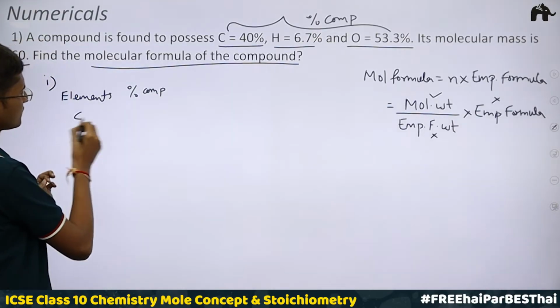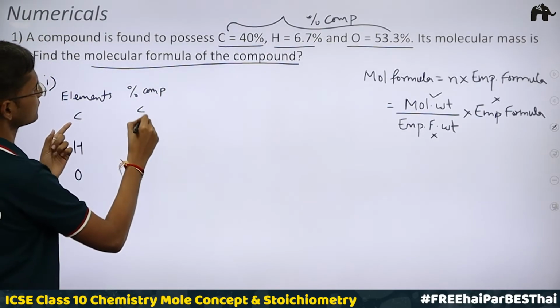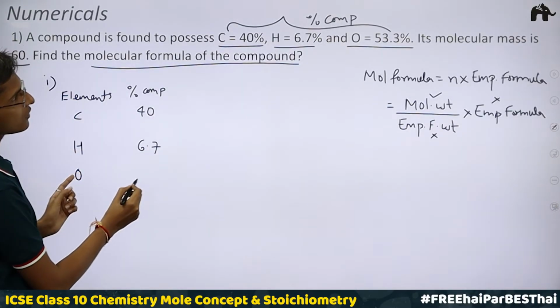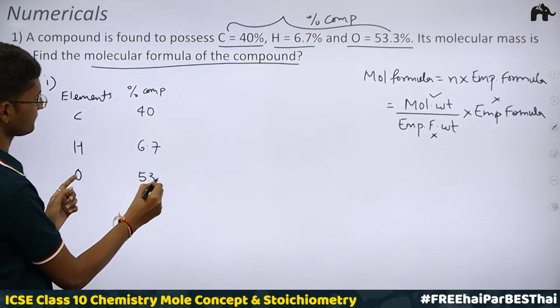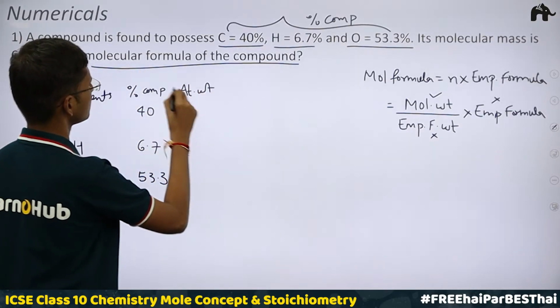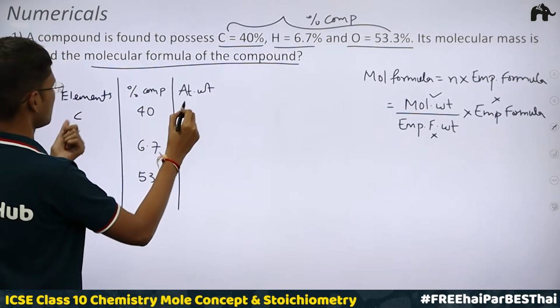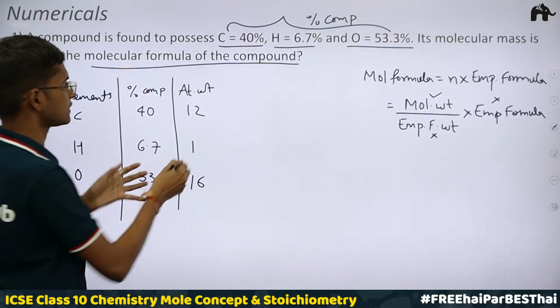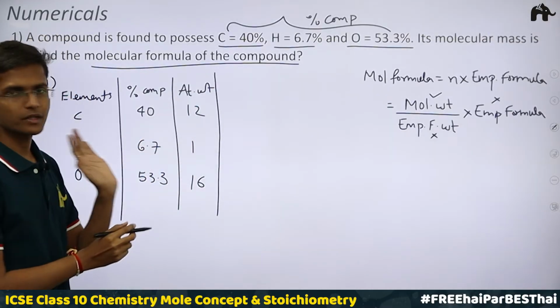The percentage by weight of carbon is 40%, hydrogen is 6.7%, and oxygen is 53.3%. Fine. Atomic weights, next column: carbon 12, hydrogen 1, oxygen 16. By this time you should remember these atomic weights. I have already told you to remember them.